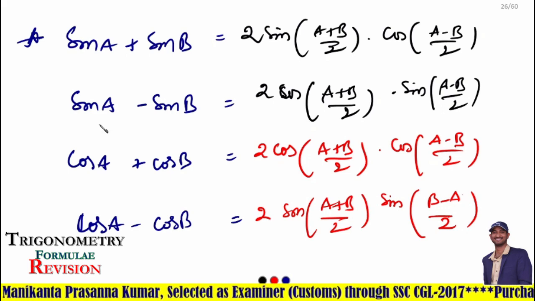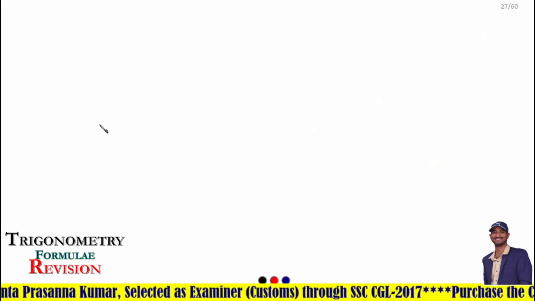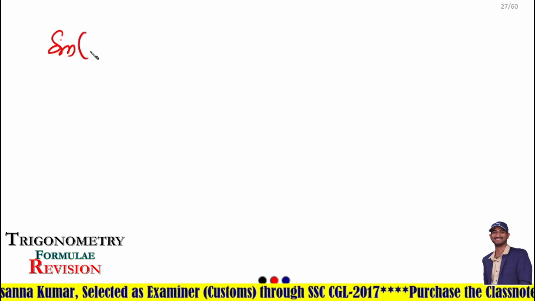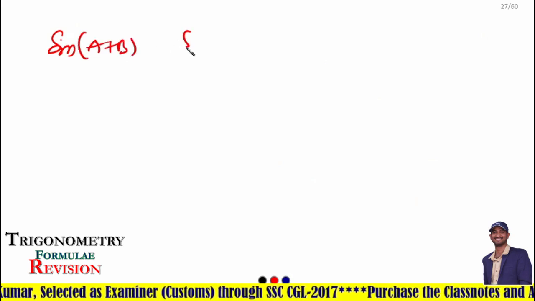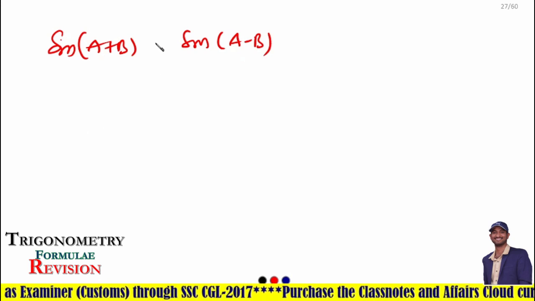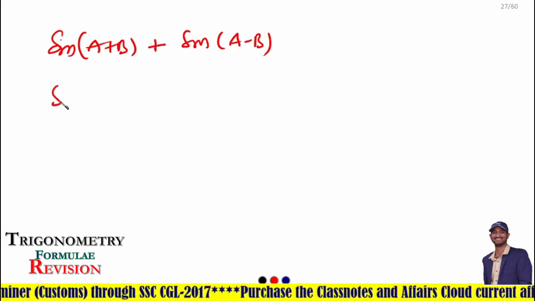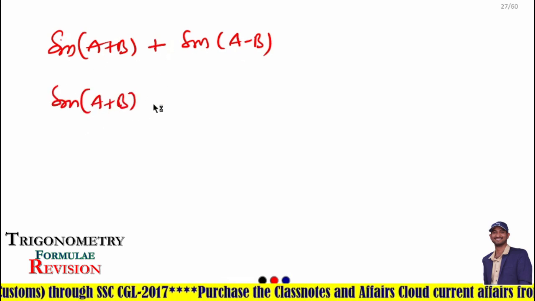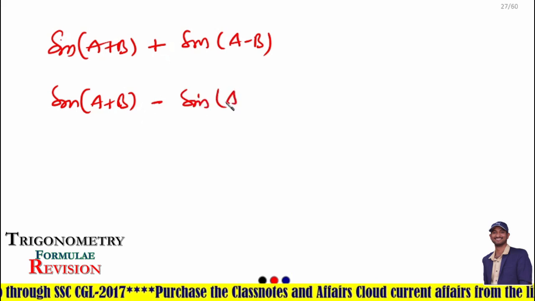Okay. So from these values, I can derive some other values, that is the sin of the sum of the values and the sin of the difference of the values. What about the addition of these values and what about the subtraction of these values?